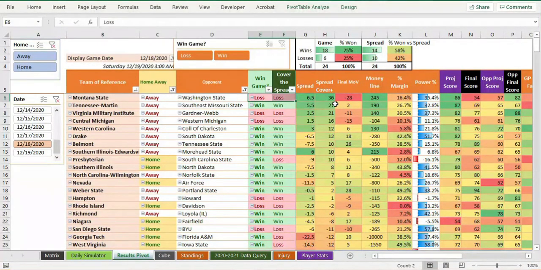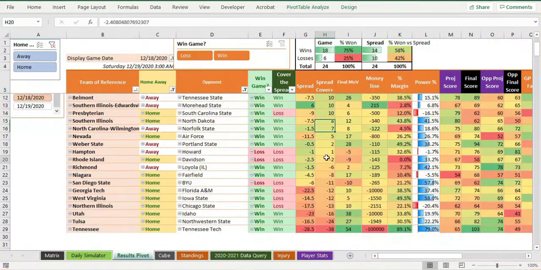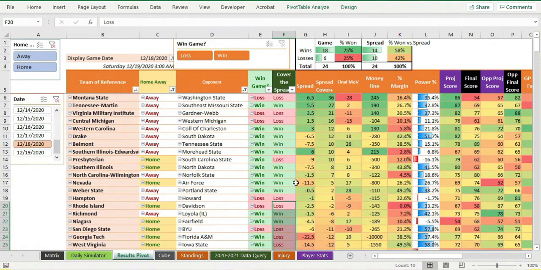You can sort this by spread cover, but when you get down to here where the spread cover is negative, that means that by point projections, we're predicting that the opponent is going to cover. So all these losses right here, everything down here is flipped. Where it's a loss, it's actually a win based on our point projections. So there's going to be different ways to look at this.